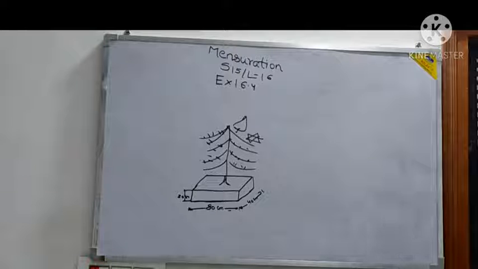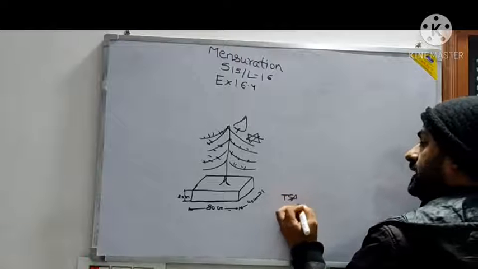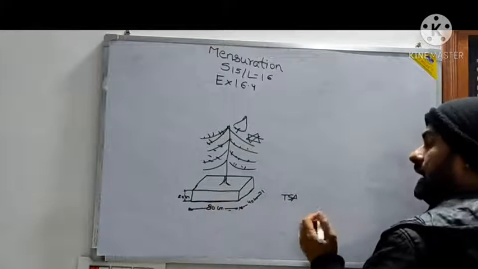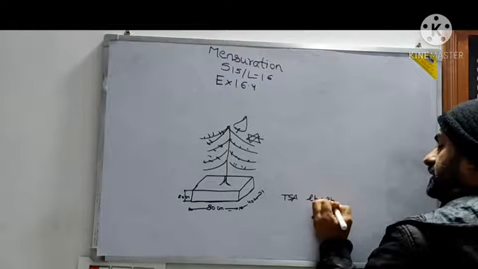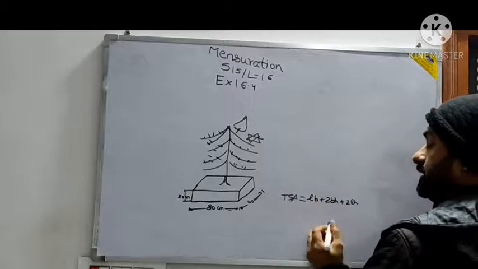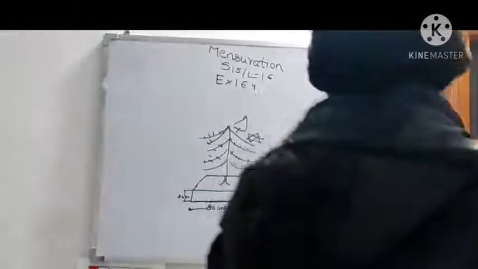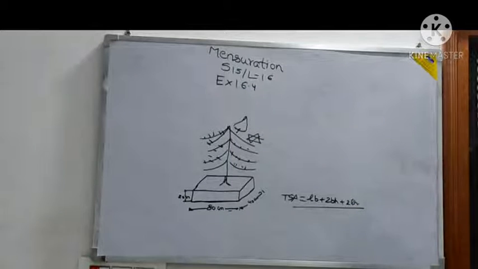Now see, you will calculate the total surface area, but here you leave one lb, that will be at the bottom. So one lb you leave. So it will be lb plus 2bh plus 2lh. Then you calculate the total surface area, divided by the area of that square sheet.